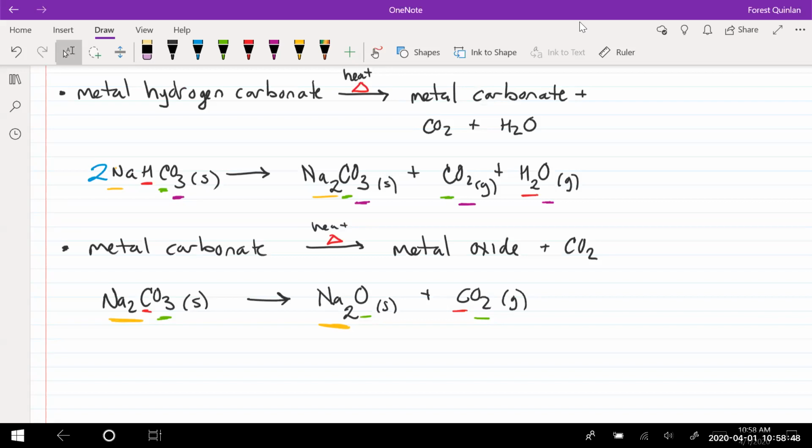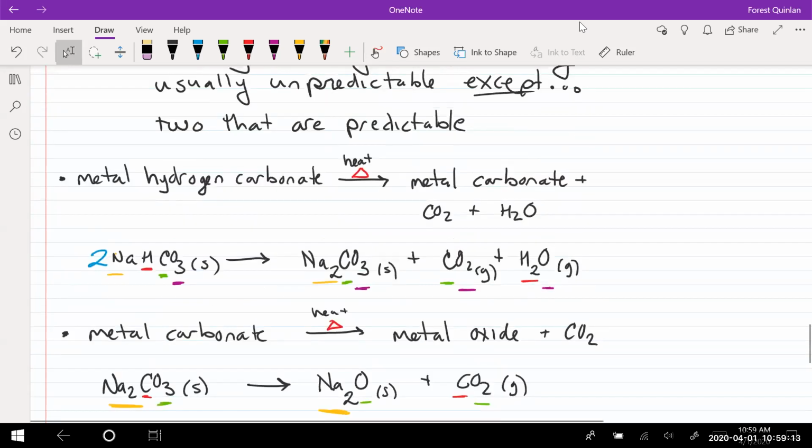I would rather you be able to recognize a whole lot more about the predictions and just be able to identify that this is a decomposition than spend a vast majority of your time understanding these two to the negligence of all the others. So I would recommend these be the last ones that you try to memorize and understand. That's a little safety tip for when you get to exam time.